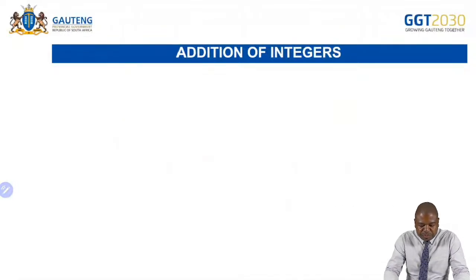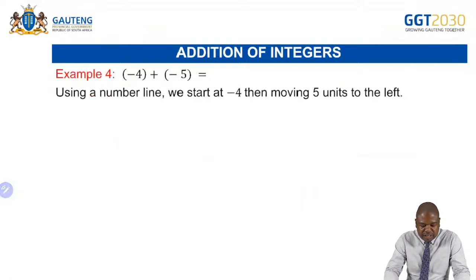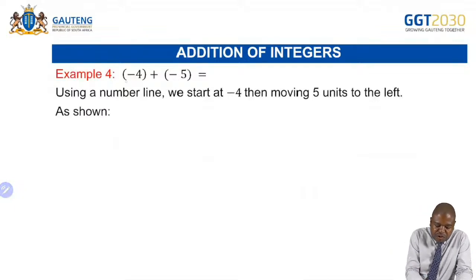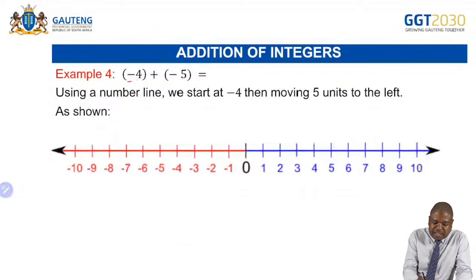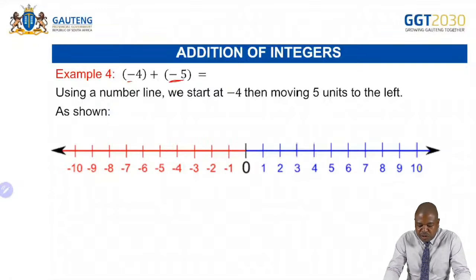Now, I'm going to do another example, but this time we are going to be adding two negative numbers. Using a number line, we start at -4. But now, what are we adding? We are adding -5, which means we have to move 5 units to the left.